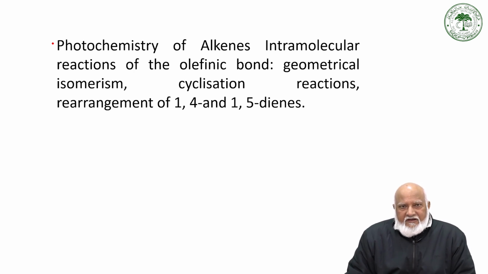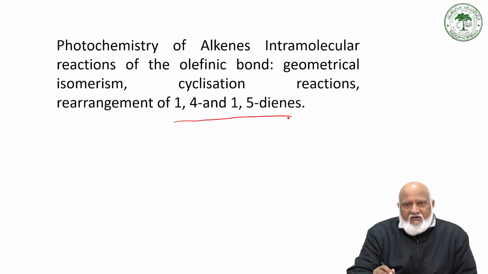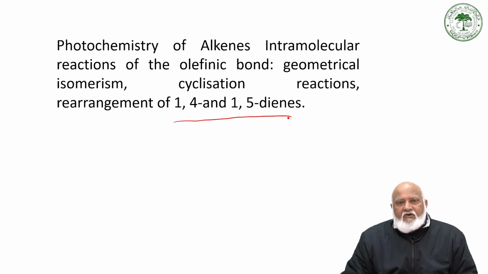So this slide shows the photochemistry of alkene. The basic photochemistry involved in alkene is the cis-trans isomerization, and we are also going to discuss the photochemistry of 1,4-diene as well as 1,5-diene, because 1,4-diene undergoes very interesting photochemistry.